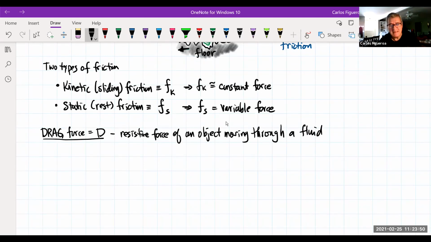And there are many fluids that we could think of here. The two most common ones are, of course, air resistance, the drag force of air, and the other one is water.